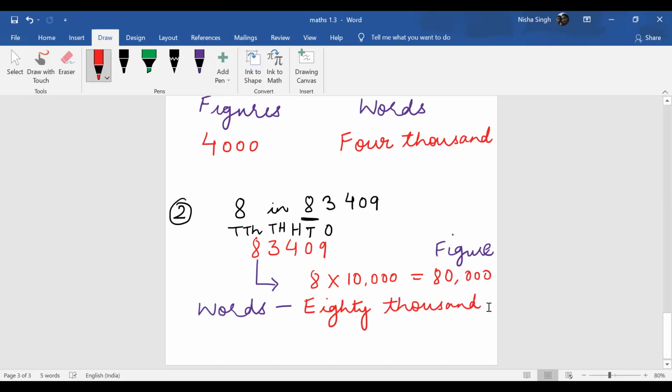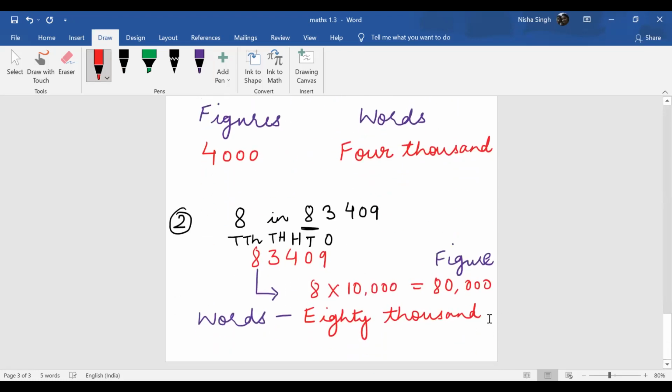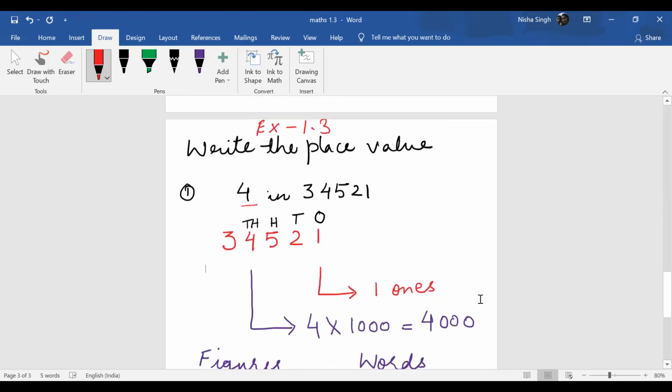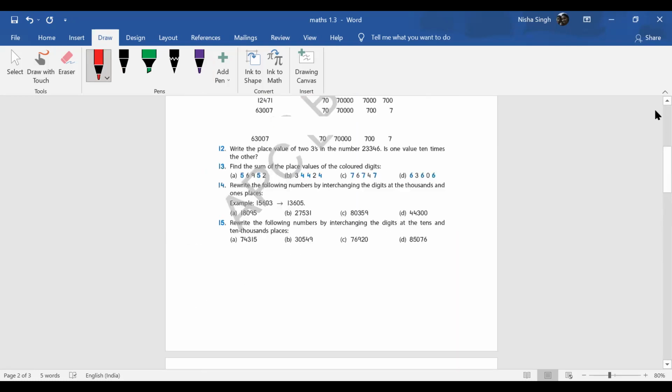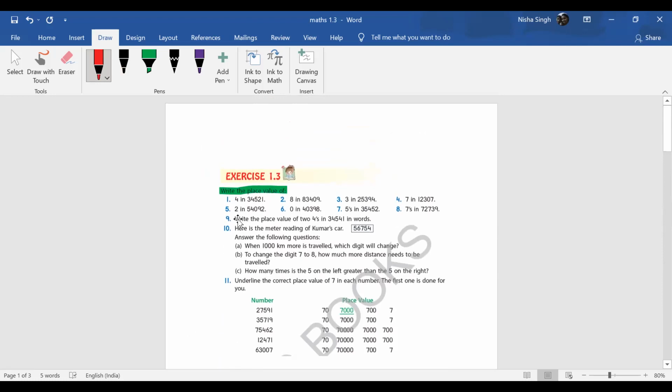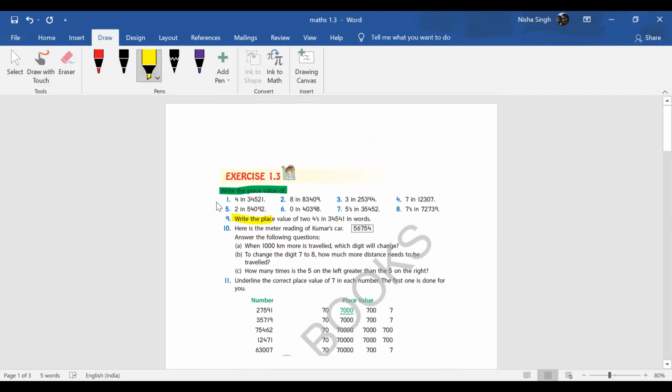Okay, children, let's do our next question. Our next question is: write the place value of two fours in this number.